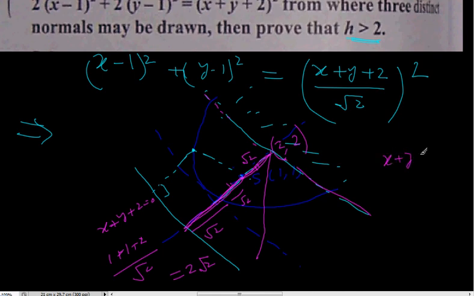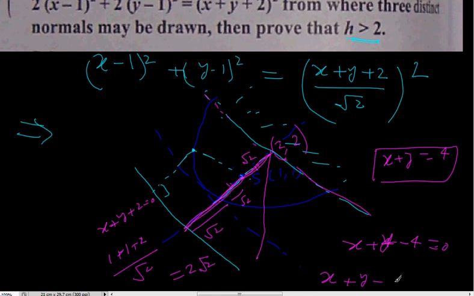I could say x + y - 4 = 0. If I say x + y - 4 greater than 0, it means all points will fall under this.